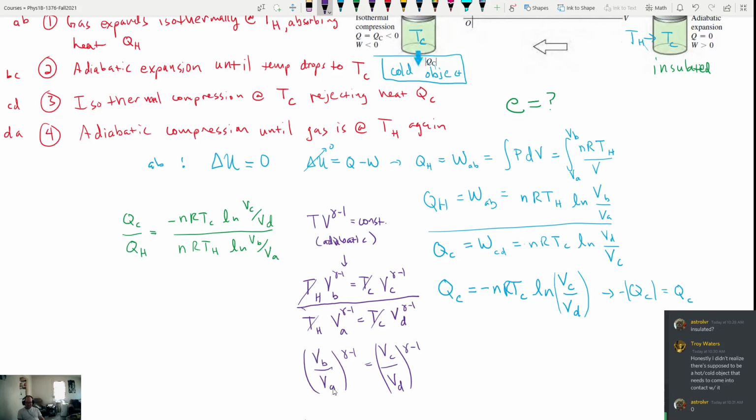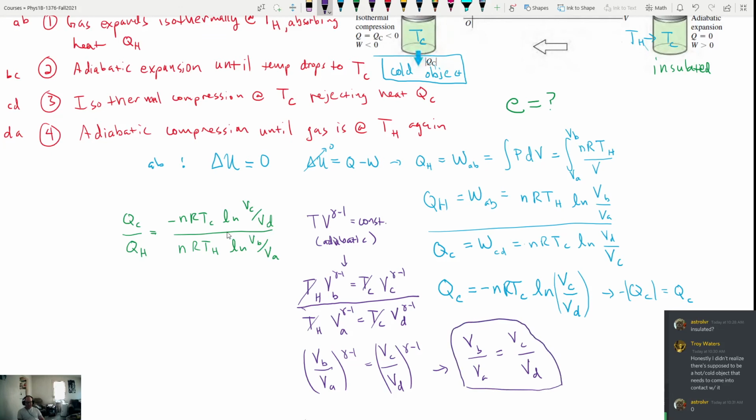And if I have a ratio raised to a power equal to another ratio raised to the same power, then that tells me that we can just get rid of the power, and VB over VA is equal to VC over VD.